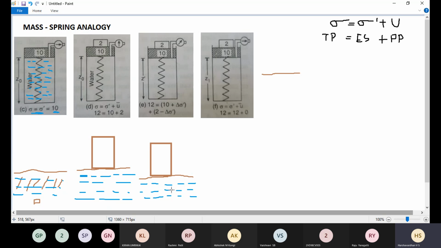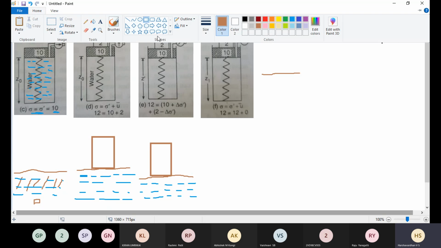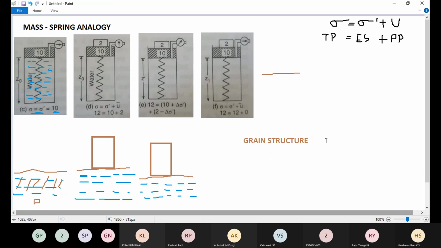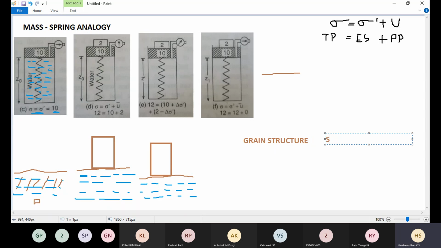Now this consolidation of the soil is linked to the mass spring analogy. The grain structure, that is the soil solids, is similar to the spring.